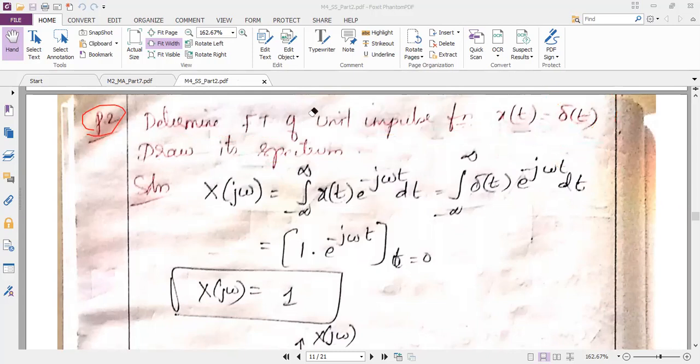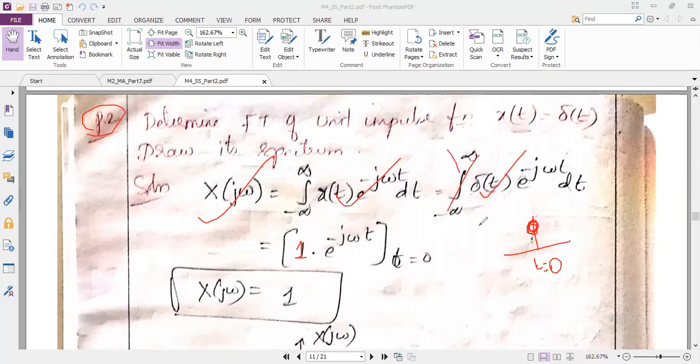So we will just apply the formula x of j omega equal to integral, you know the formula. Then you substitute delta of t. So delta of t is equal to 1 when t is equal to 0. You know very well. So only at this place, I will be adding the amplitude at t equal to 0. So I will substitute delta of t as 1.